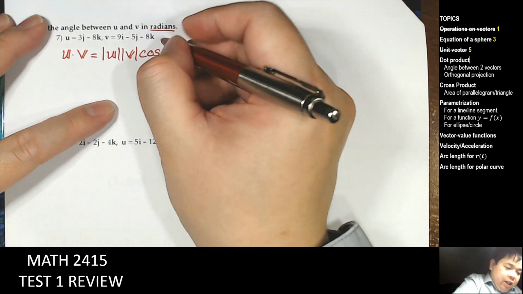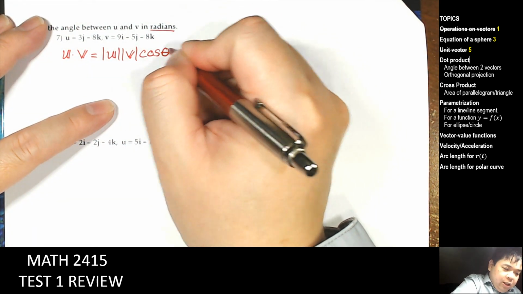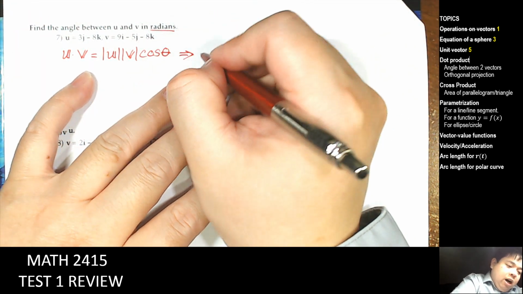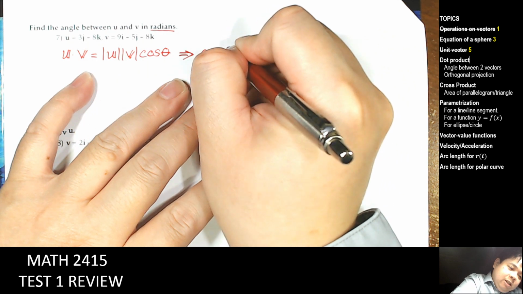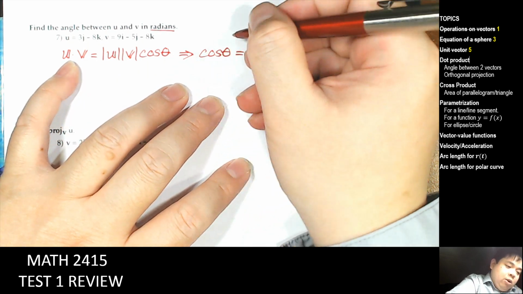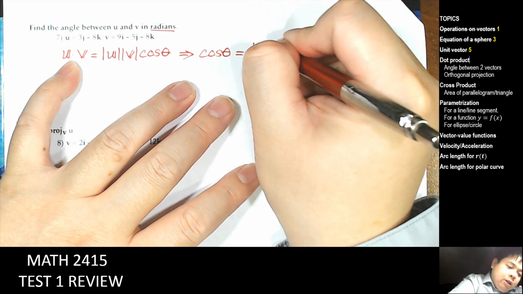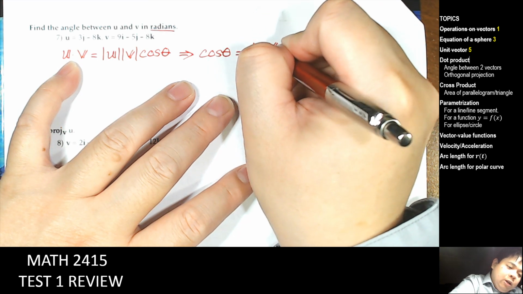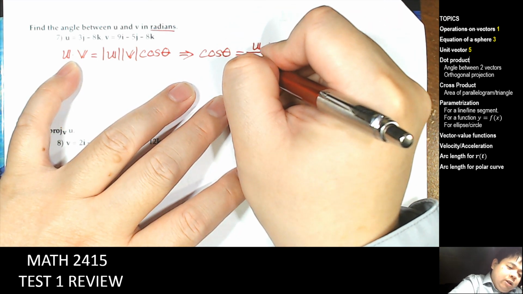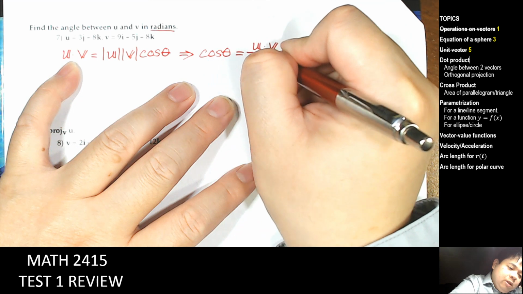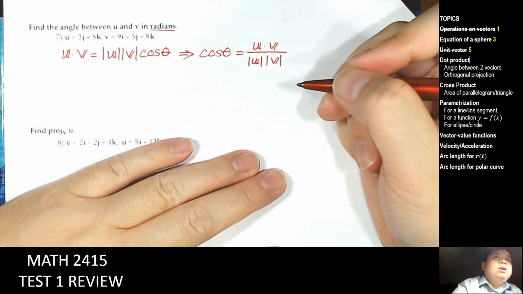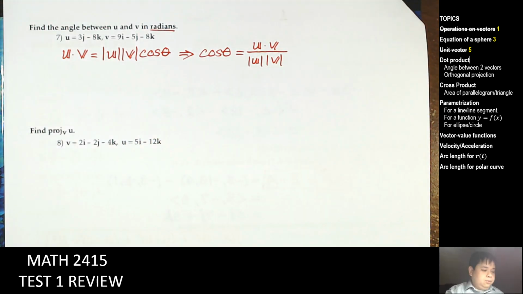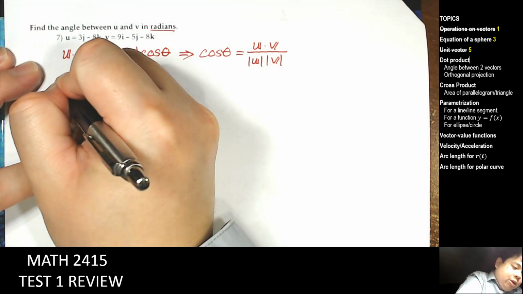Because of that, the cosine of theta is equal to u dot v over the product of the magnitudes. Now just go ahead and use that.